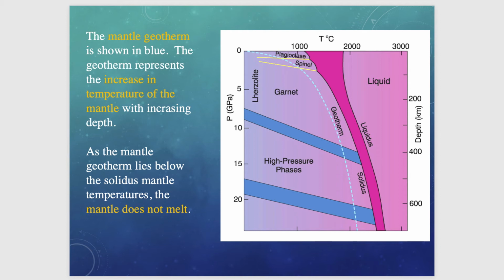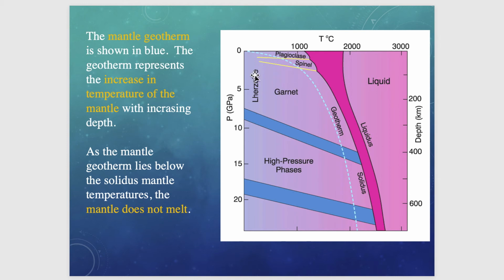And so, of course, to allow for the production of a liquid, we need to cross this boundary here, which is a zone that separates the solidus from the liquidus. So, of course, depending on the pressure and temperature condition, we will have different phases.